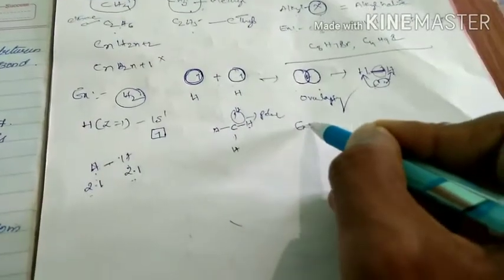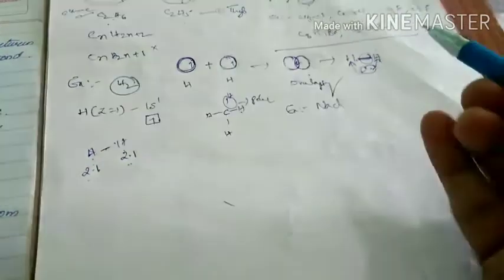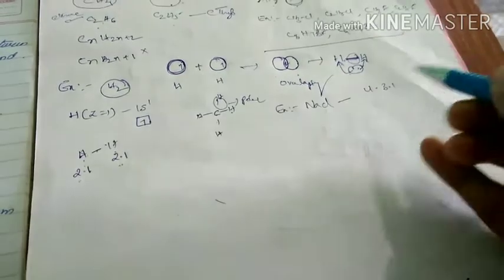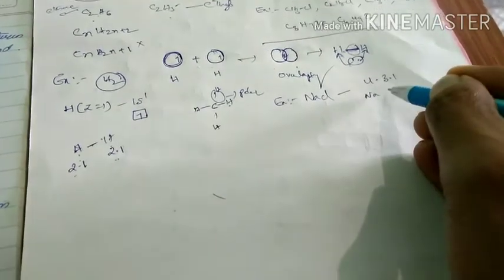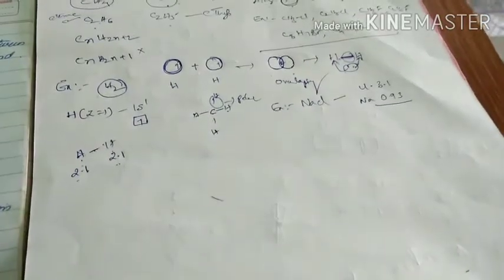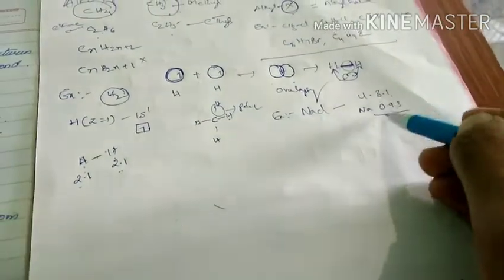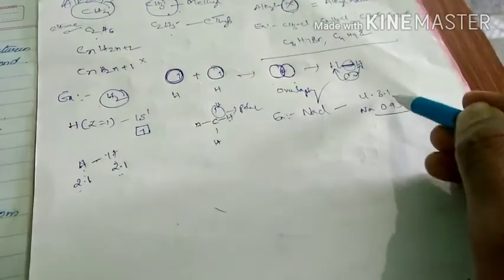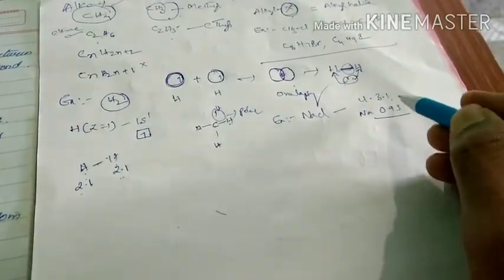That is the meaning of that point. I will show the example. For example, take NaCl. Chlorine electronegativity is 3.1. Sodium electronegativity is 0.93. These are experimental values. No need to remember these values. Here, what is the difference?